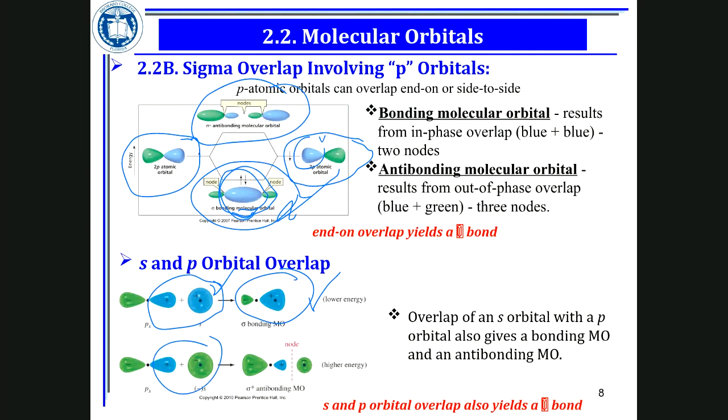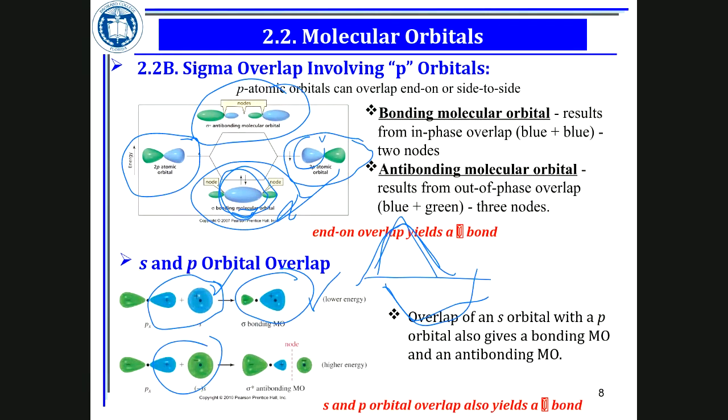So you could see that it is destructive, because then you don't have to always draw the waves. If it's destructive, it's going to give you a higher energy orbital as a result. If it's constructive, it would give you lower energy.